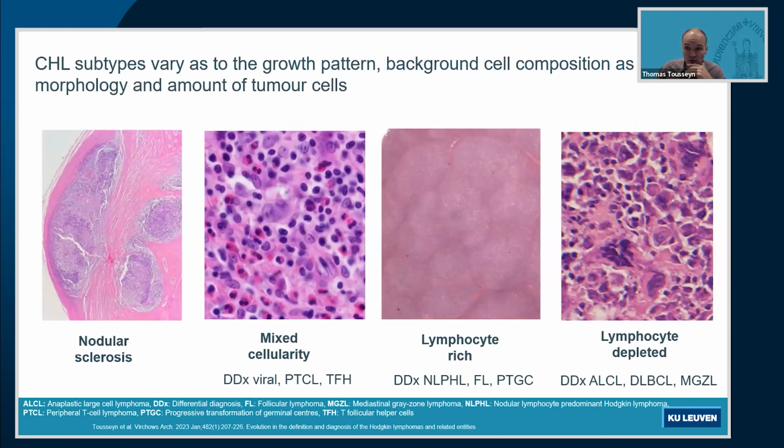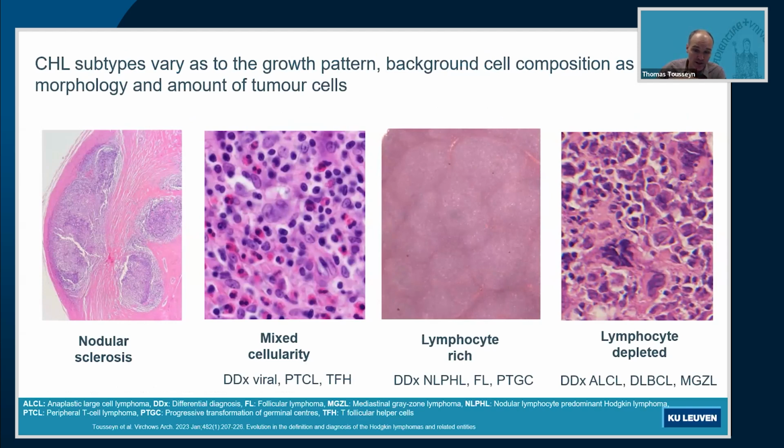The environment can also be different. The two most common subtypes are the nodular sclerosis and mixed cellularity. As the name says, the nodular sclerosis subtype causes a thickening of the capsule, with large fibrotic bands that delineate nodules.